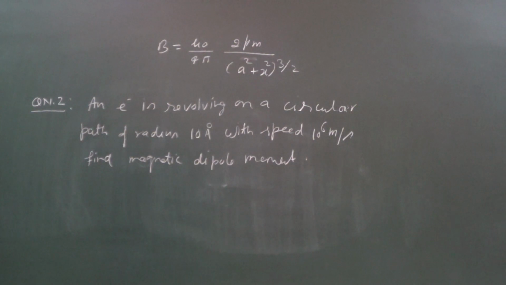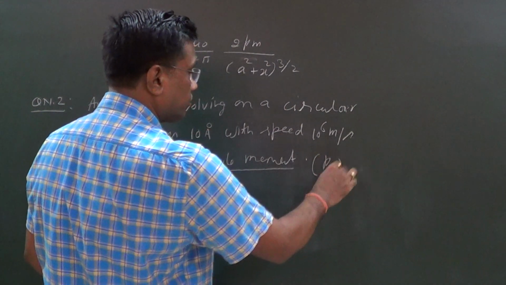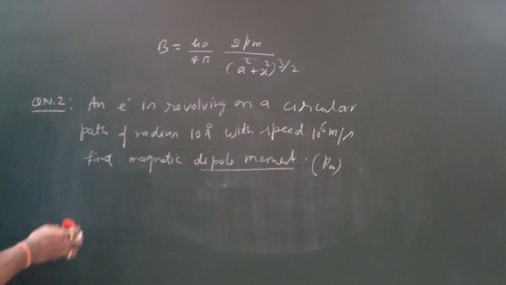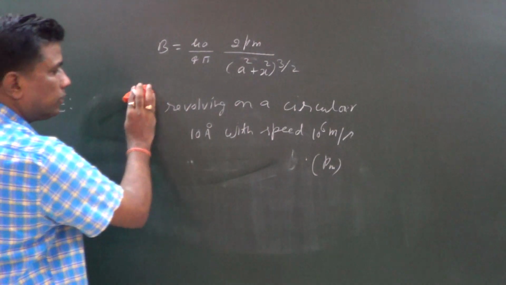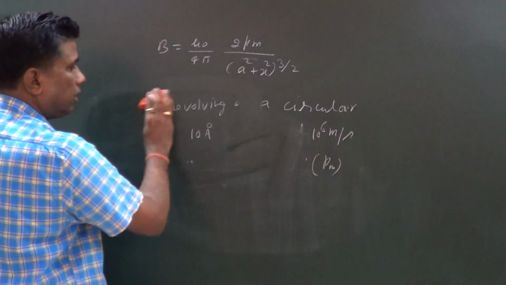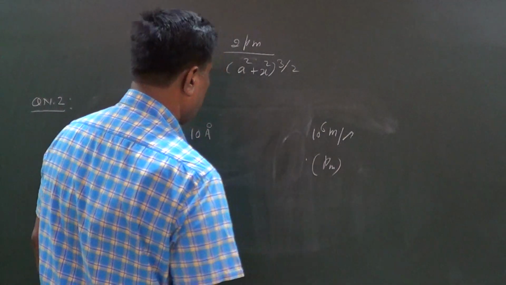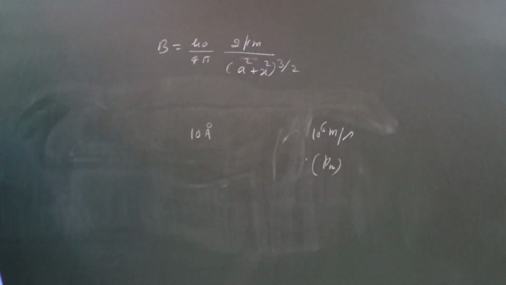So we have to find the magnetic dipole moment Pm. Radius is given, speed is also given. See how we can solve it.